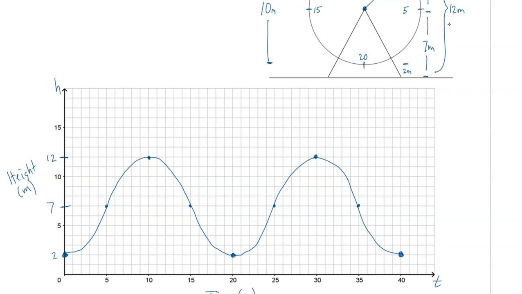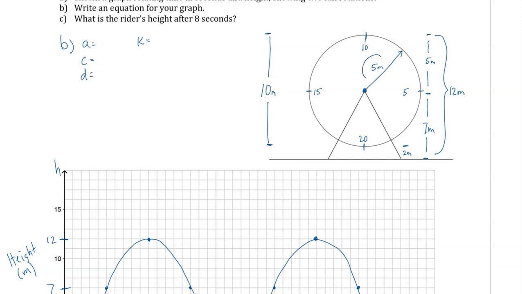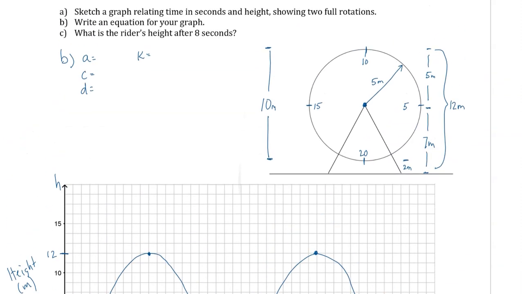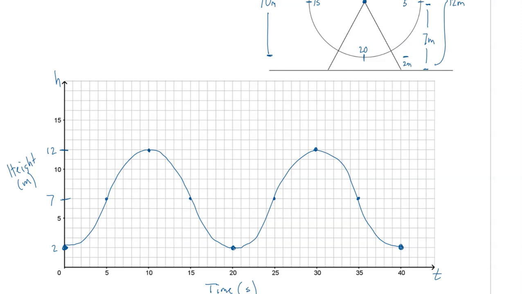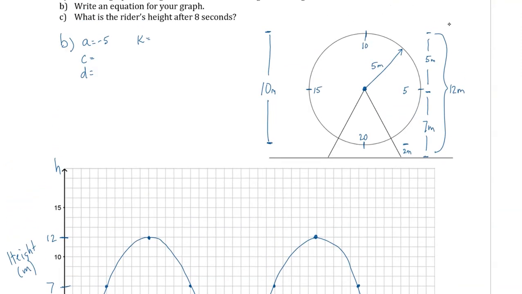So the difference there is 5, and it's 5 up to the max and 5 down to the min, and indeed that is that 5-meter radius that we calculated over there. So that's going to be my A value, but it is also flipped. So this is actually going to be -5. And the D, the middle, that's that 7, that's that center point of the Ferris wheel.